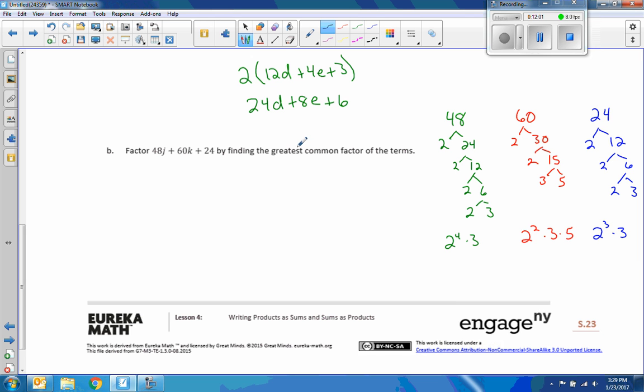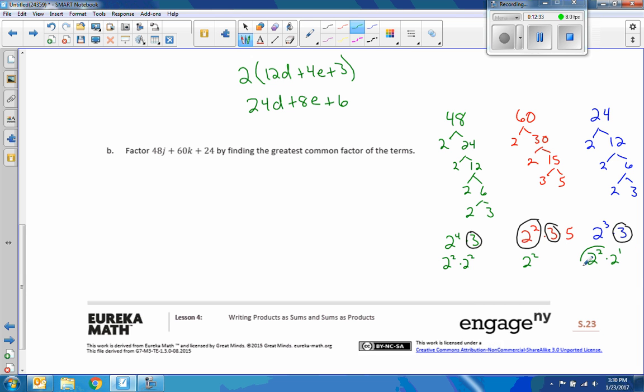I want everything in common from each one. This has a 5, but no one else does. This has a 3. This has a 3. And this has a 3. So that is part of the prime factorization that is in common. This has 2 2's. This one has 3, and this one has 4. So I can represent 2 to the 4th as 2 squared times 2 squared, and 2 squared is here, and then 2 cubed is 2 squared times 2 to the 1.